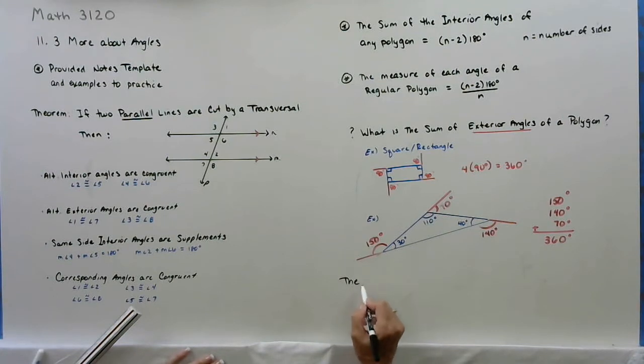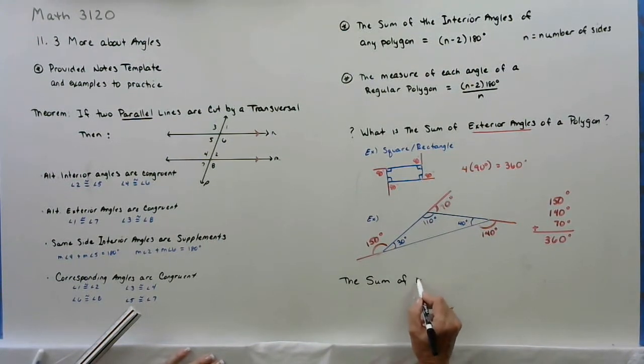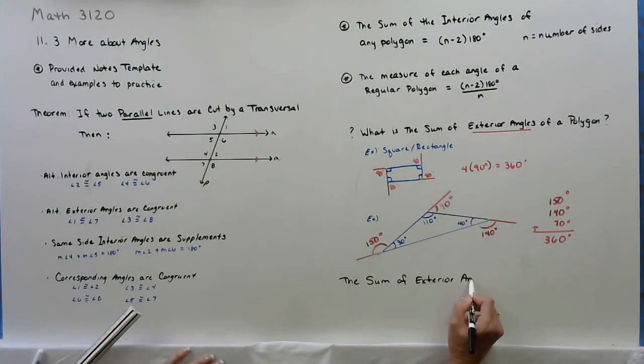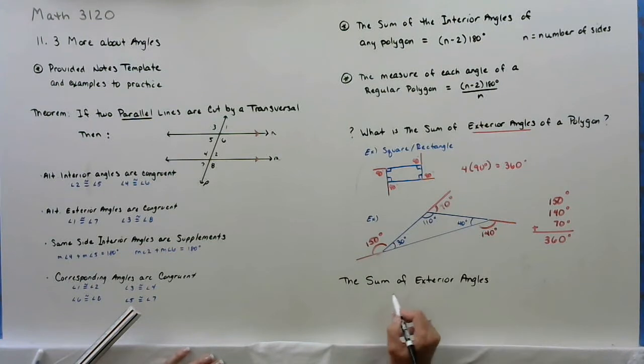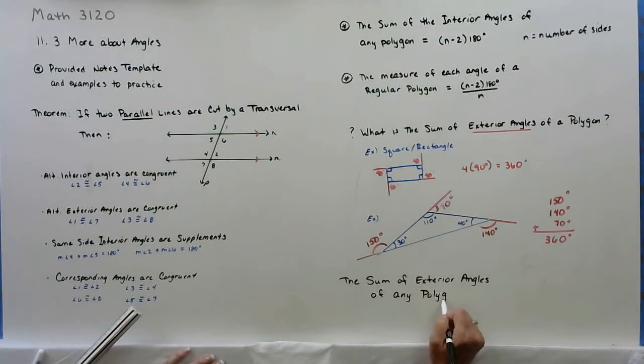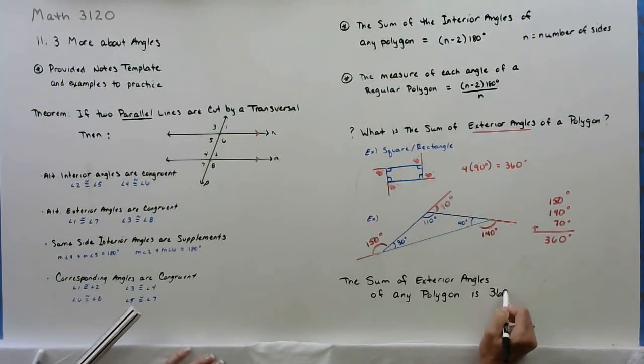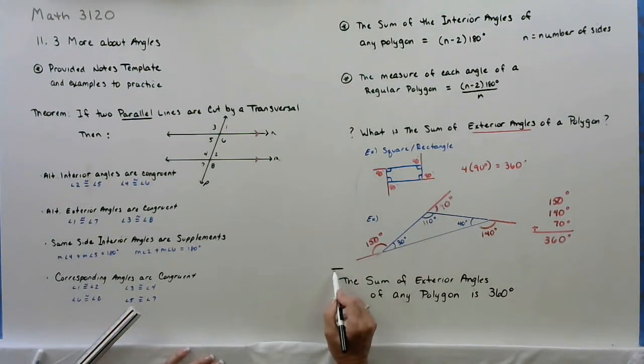So the sum of exterior angles of any polygon is 360 degrees.